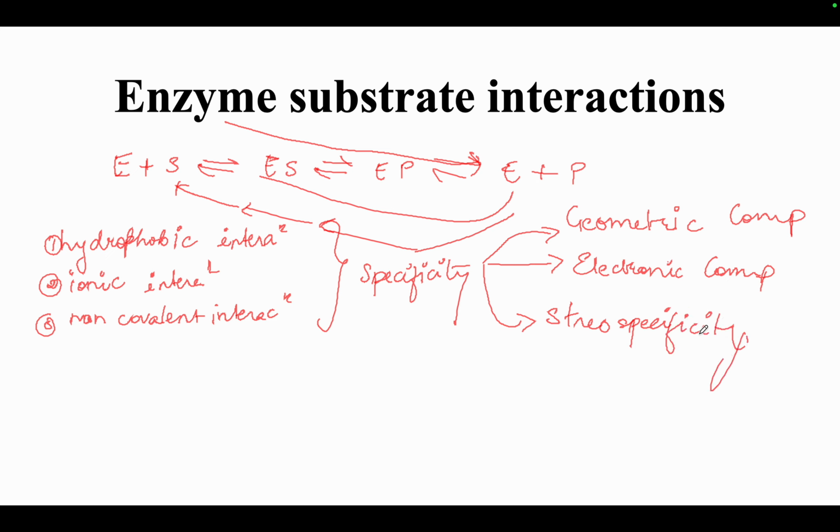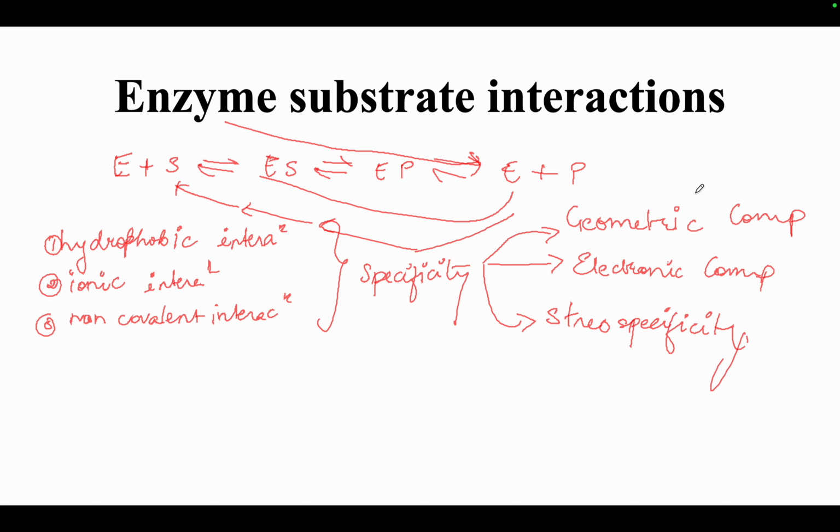So these interactions are majorly categorized into these three categories, where geometric complementarity means the overall shape of enzyme and substrate and how they complement each other. Electronic complementarity refers to the ionic or different positive and negative interactions which could complement the enzyme substrate complex formation.